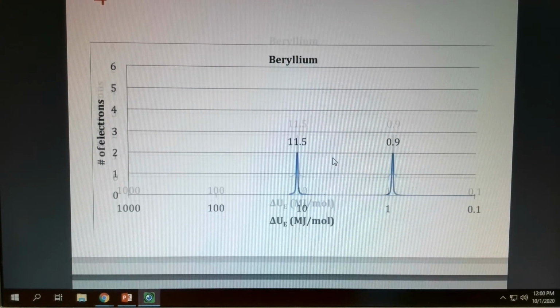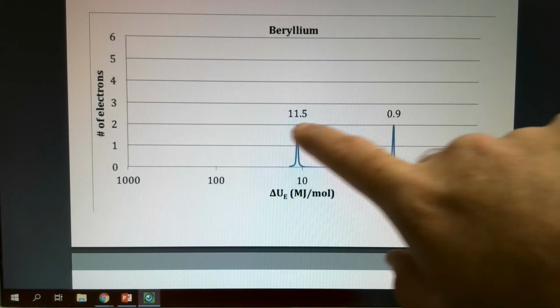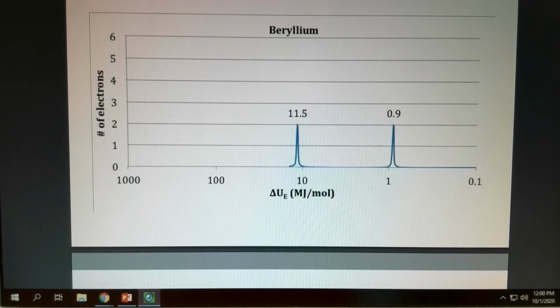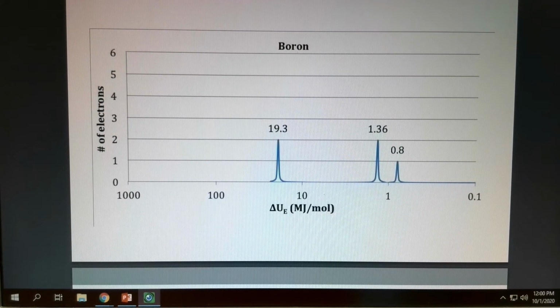So here's beryllium. Now it has 1s2, 2s2. So we have these 1s electrons and then the 2s electrons. And notice there's 2 electrons. If you look, the height has the 2 electrons in both the 1s and the 2s. And if we move to boron, now we have another peak that shows up because the 1s and the 2s are full.